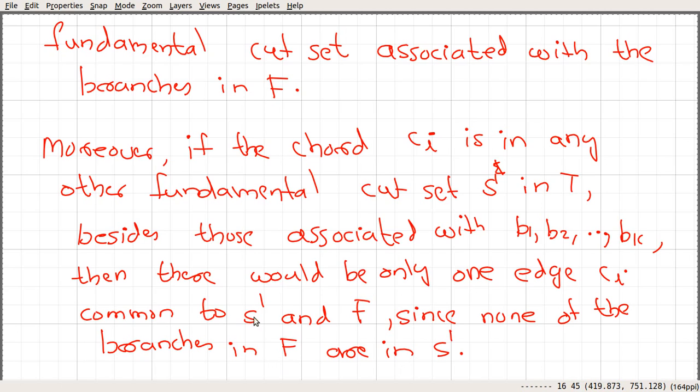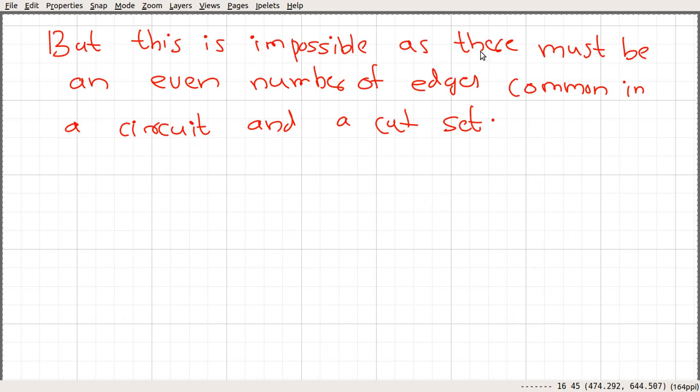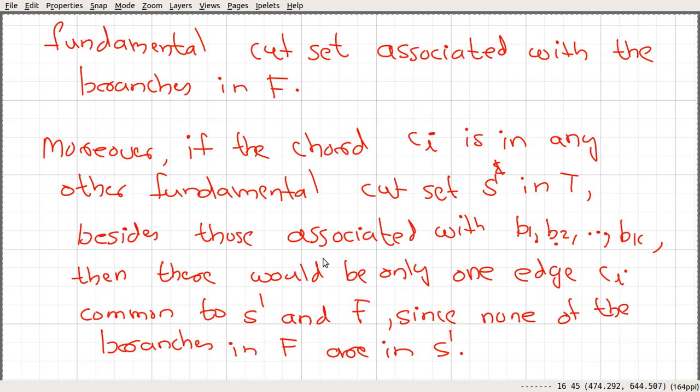So all the elements are different; that's what this means. Since there must be an even number of edges common in a circuit and a cut set, this situation is not possible. So Ci cannot be in any other cut set.